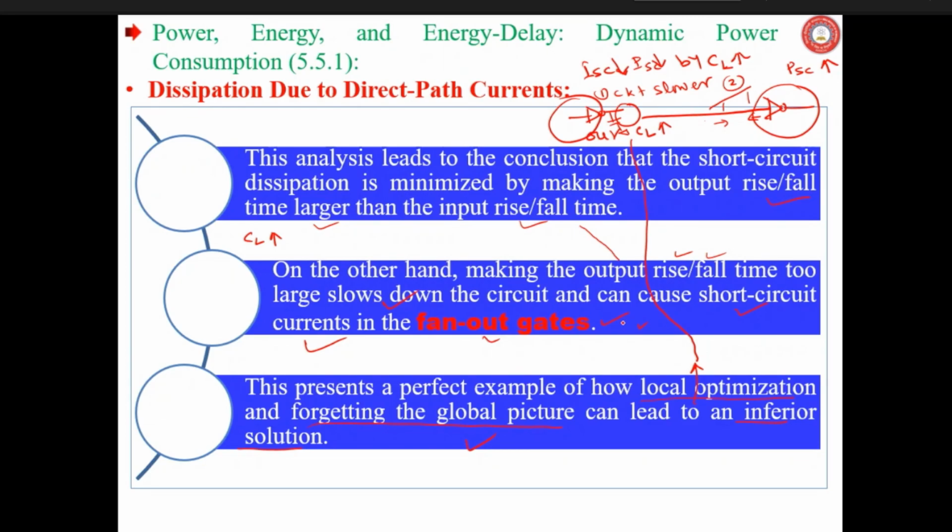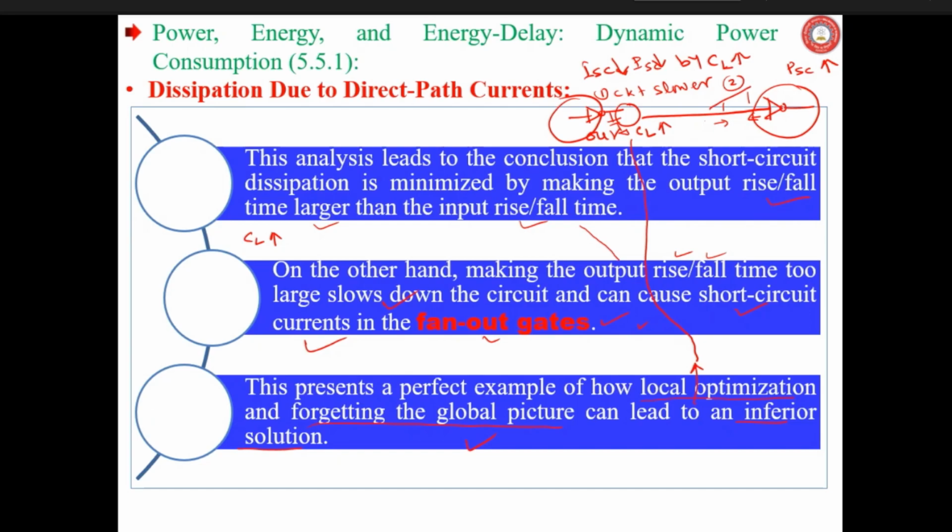It is going to drive another gate also. If it is making very slow change at the output, then it will be a problem in the gate which is being driven by this gate.